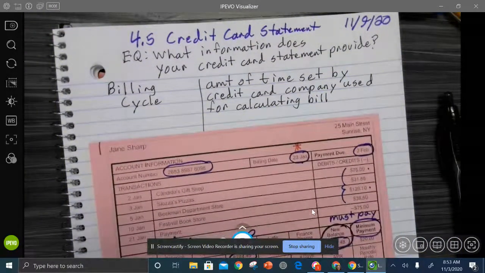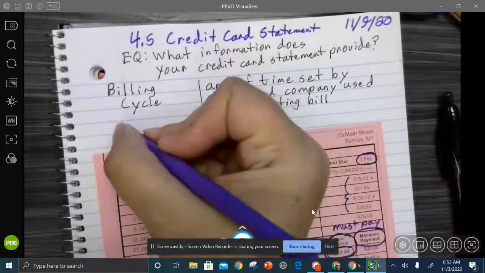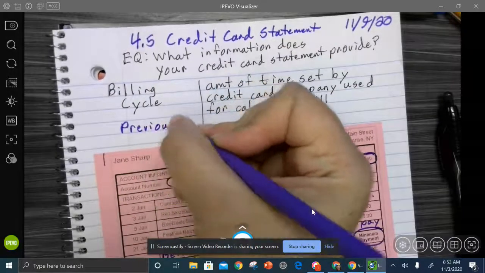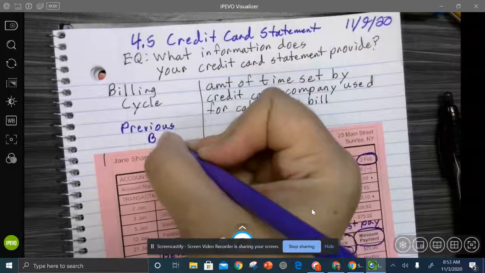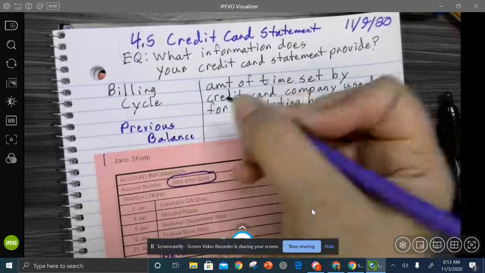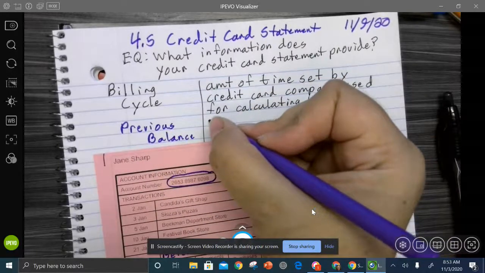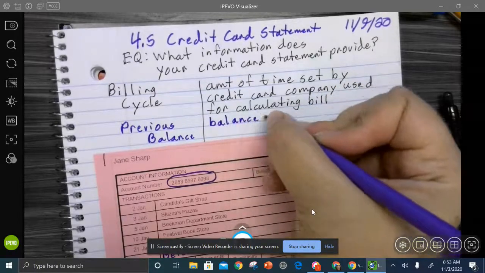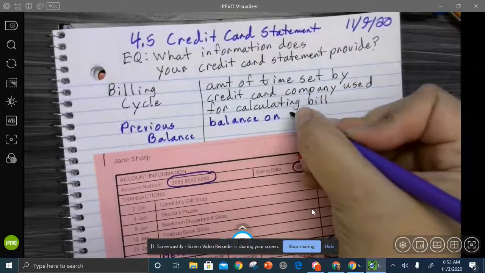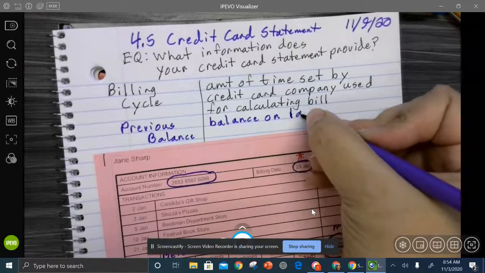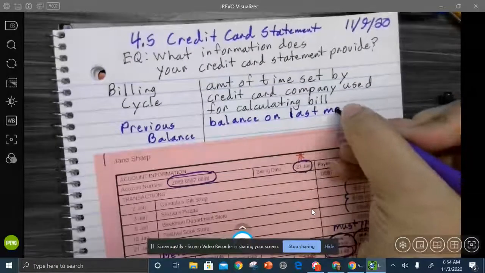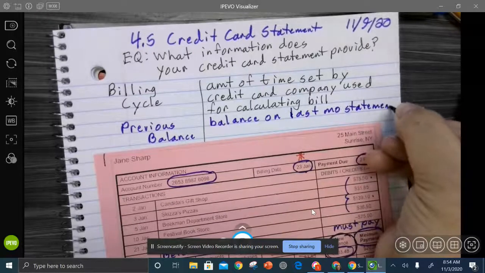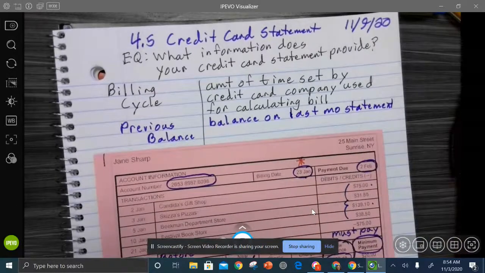So like we said before, previous balance. That's the balance on last month's statement. Okay.